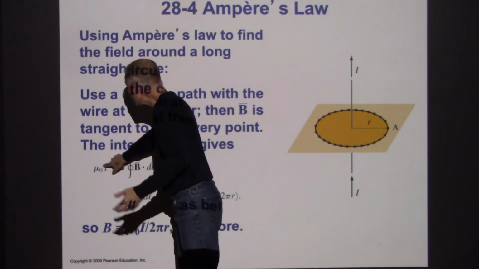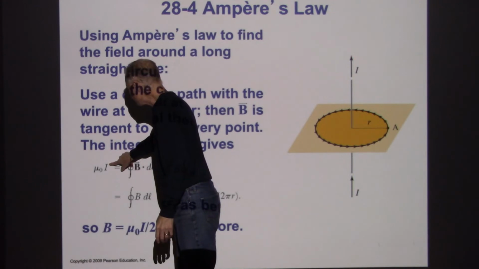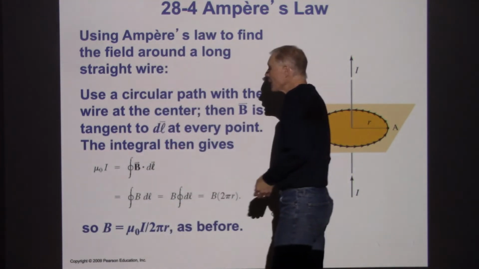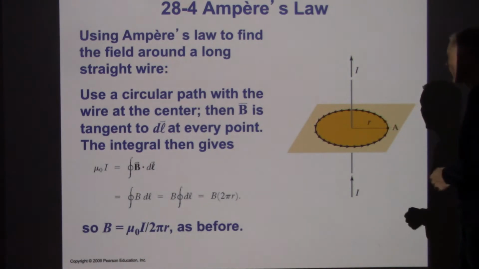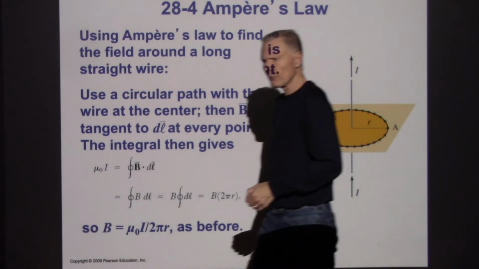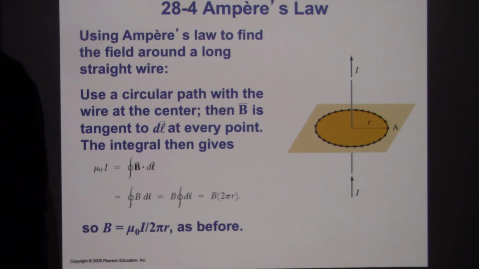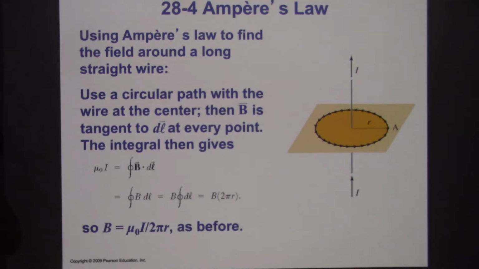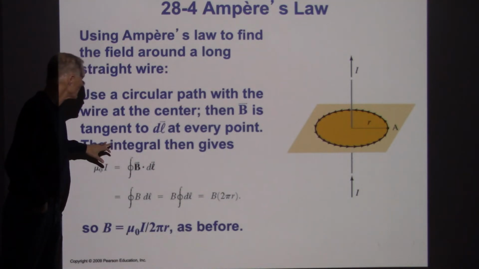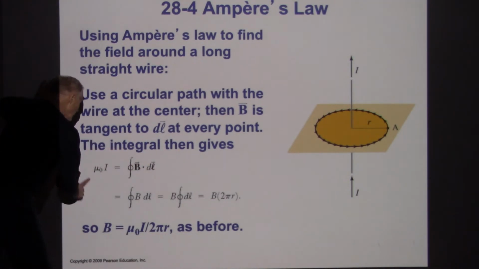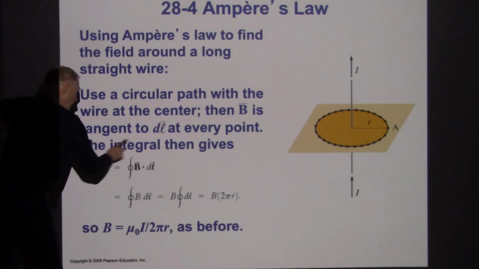Now the book is going to use mu naught times I, and I'm going to use 4 pi k over c squared times I. But it's going to work out as we did the calculation before. So this is actually one of the methods we can use to come up with the formulas that we've been using. Over here it says that this is what Ampere's law looks like, that starting point.